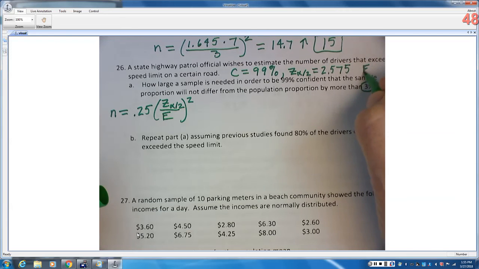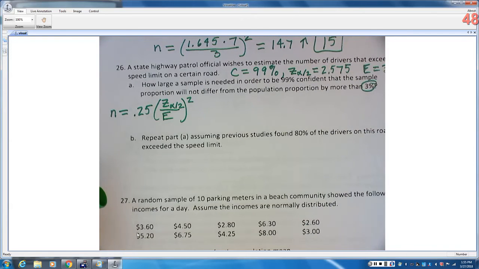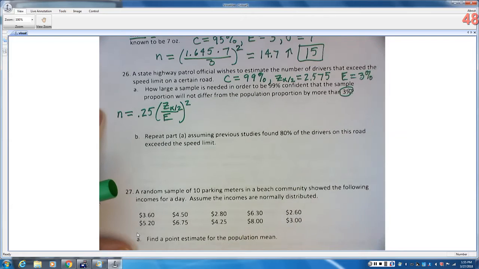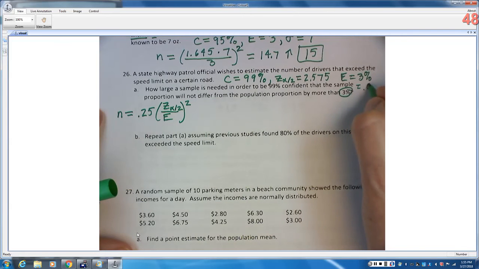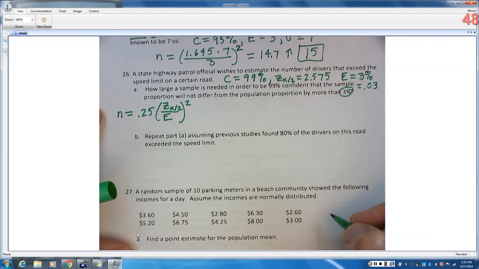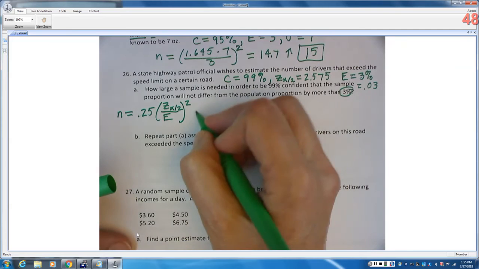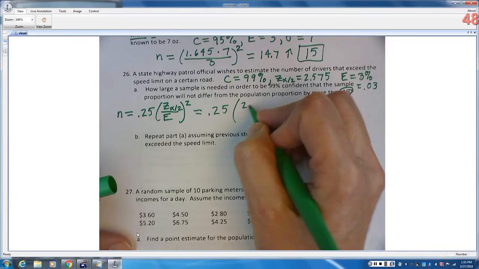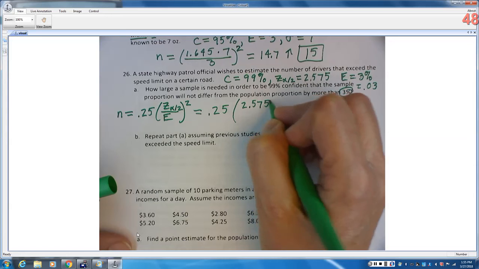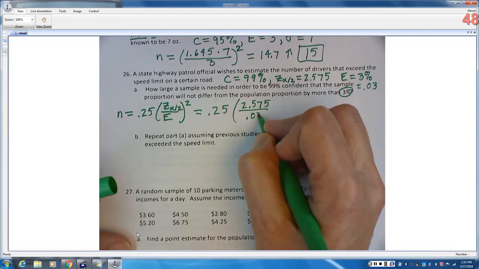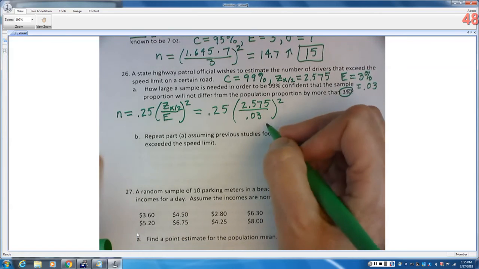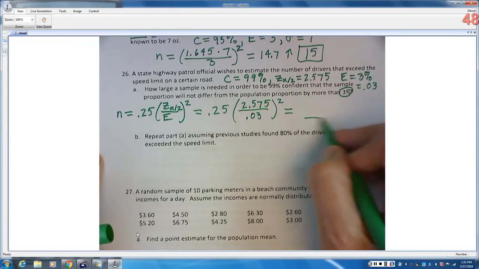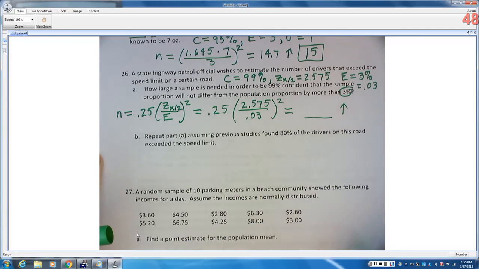Our E is 3%. We have to change that to a decimal, which is 0.03. Change it correctly to a decimal. So it's 0.25 times 2.575 divided by 0.03, squared. You'll put that in your calculator, get an answer. If you get any decimal at all, you go up to the next whole number.